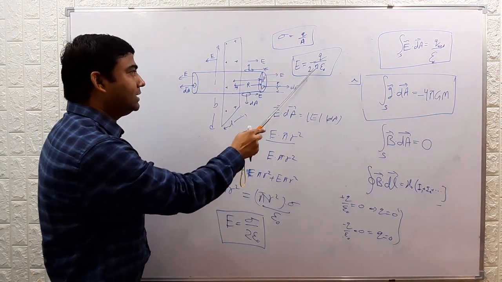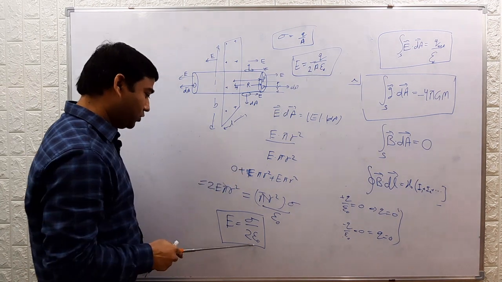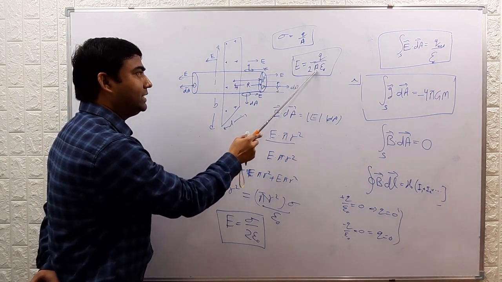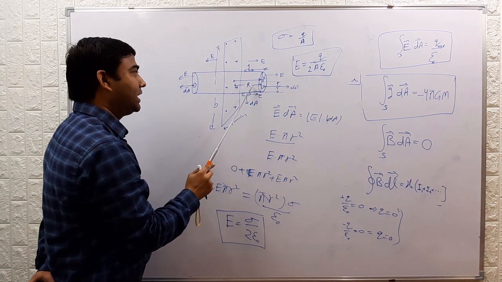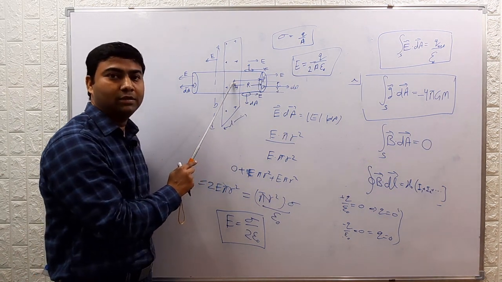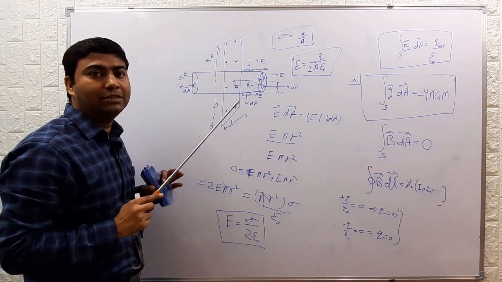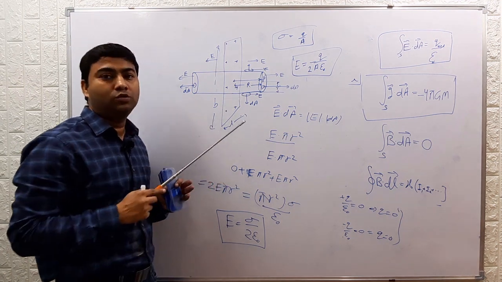You can use it for a sheet having charge Q and area A only when you are calculating the electric field for a point very close to the sheet. Only then will the sheet act as an infinitely large sheet for that point.